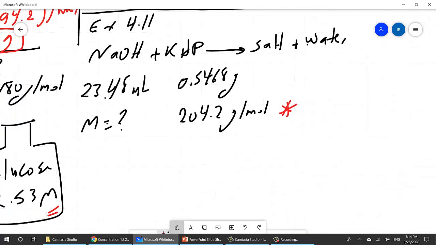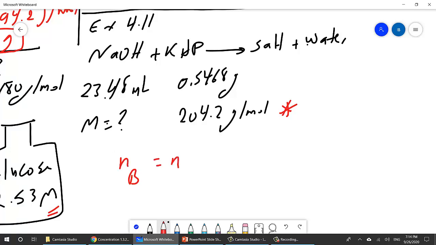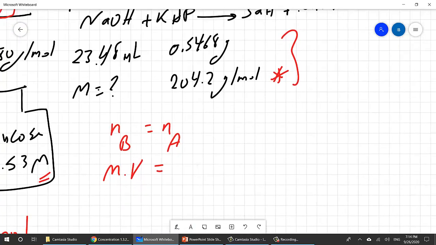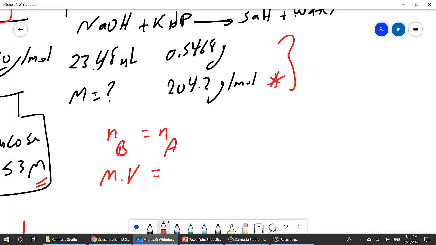Because the reaction is 1-to-1, the number of moles of the base is equal to the number of moles of the acid. The number of moles of base is M times V. But for the acid, you cannot say M times V because you're not provided information in terms of molarity and volume. You are provided information in terms of grams and molar mass.